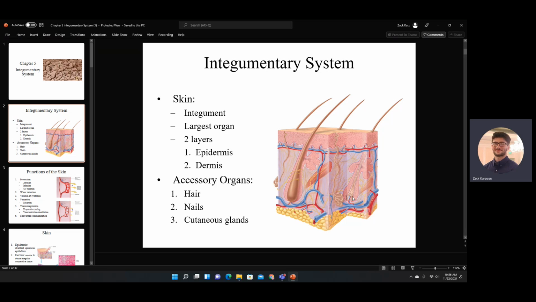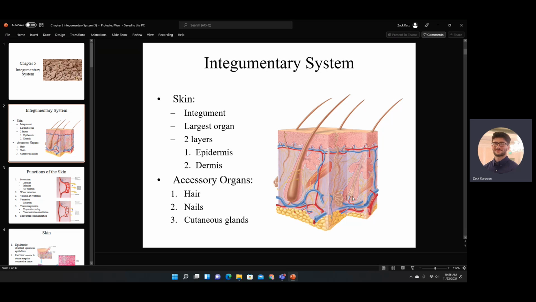Not a lot goes on in the fat layer, except that we do have some glands called helicrine glands that secrete sebaceous fluid, which we will discuss later in the slides. But that's pretty much it for this part.